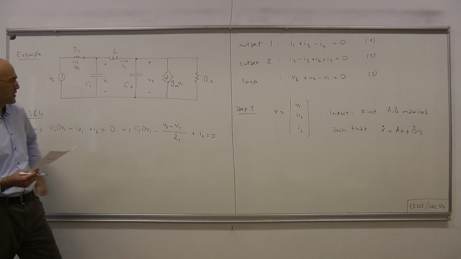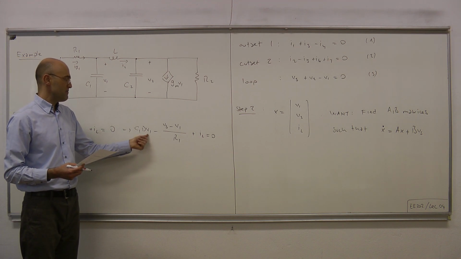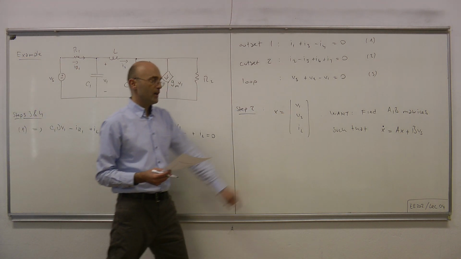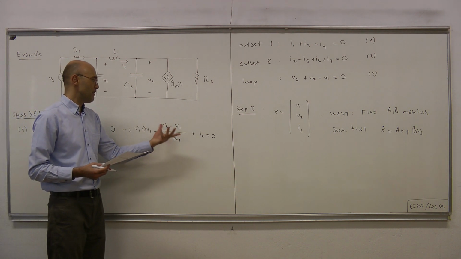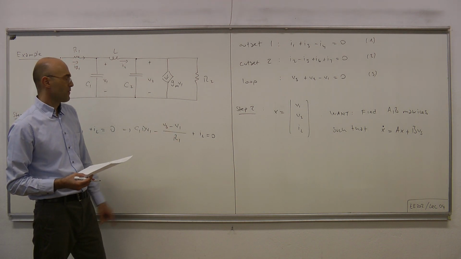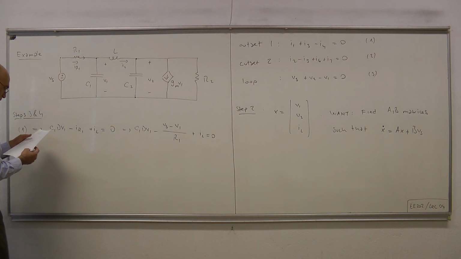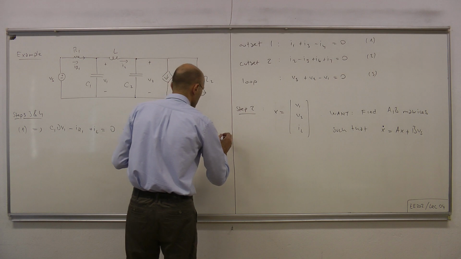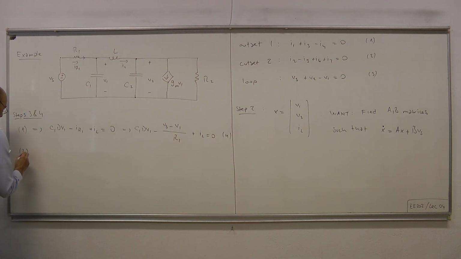Now in this new expression, everything is fine because we have V1 dot, and all the remaining variables are state variables or the input: Vs, V1, and IL. Let's call this equation 4. And then we have equation 2, that's our other cutset equation.